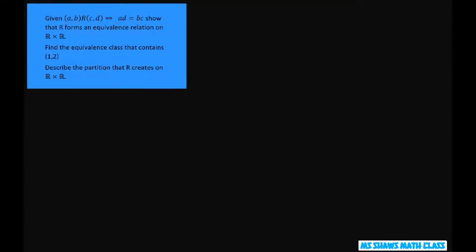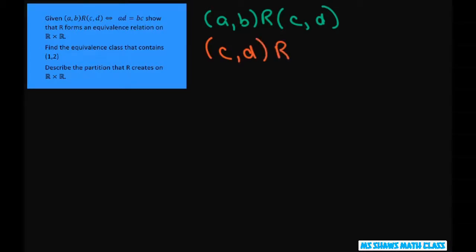All right, transitive. For transitive, we're going to do (A, B) is related to (C, D). Now we have to make up another one to do transitive. So we're going to do (C, D) must be related to some (E, F).